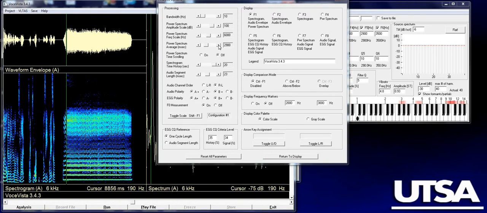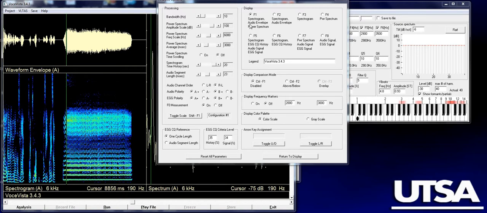So instead of it updating the power spectrum almost real time, it's going to be averaging everything over a 3-second period. And the spectrum on the right-hand side is going to look very, very different.